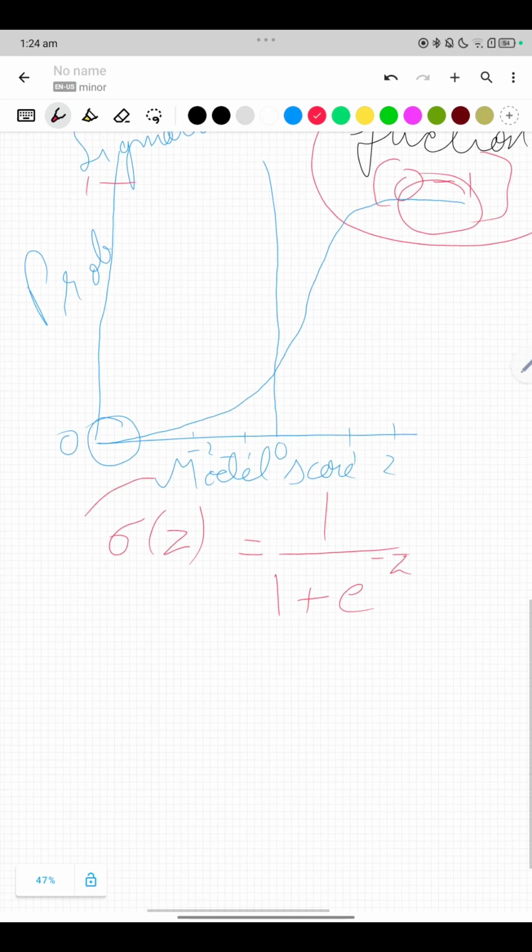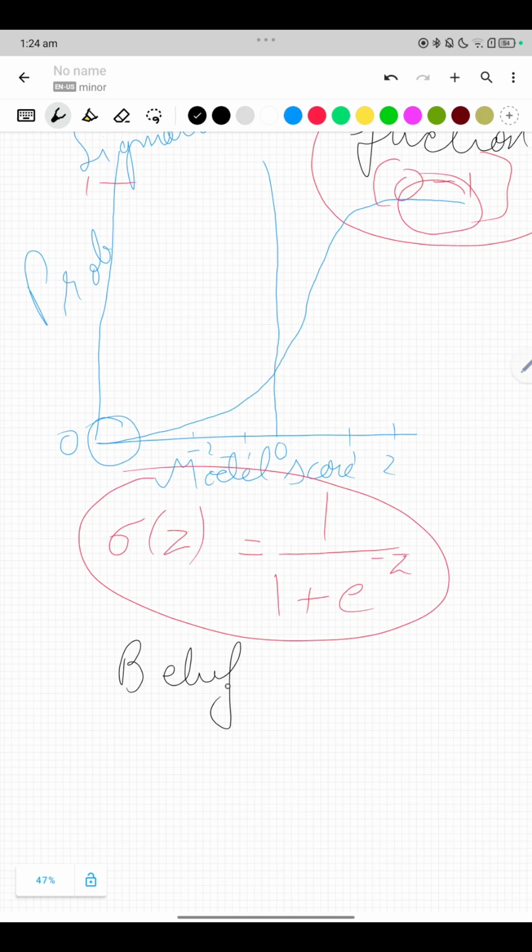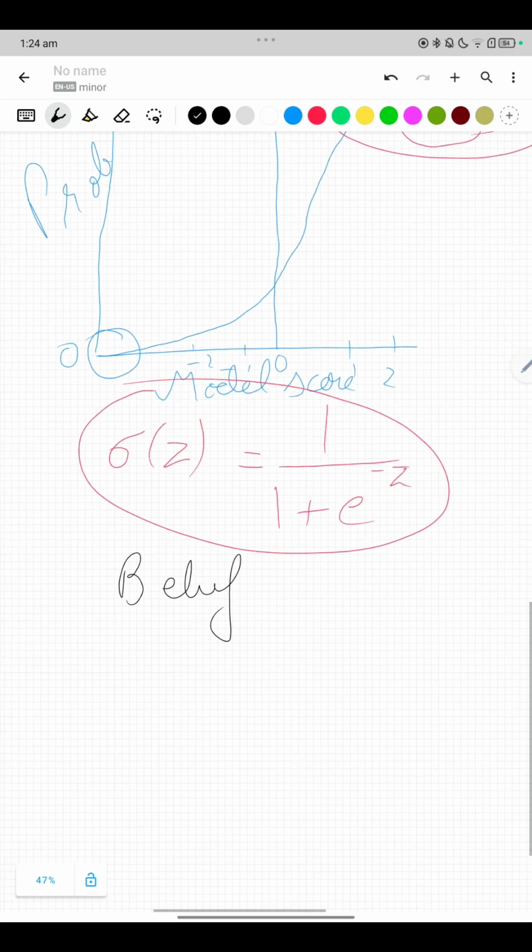So this sigmoid function turns a score that it gets into what I would say is a belief, right? So the model outputs a probability. It generates a probability.